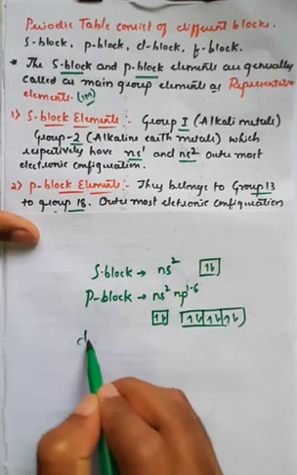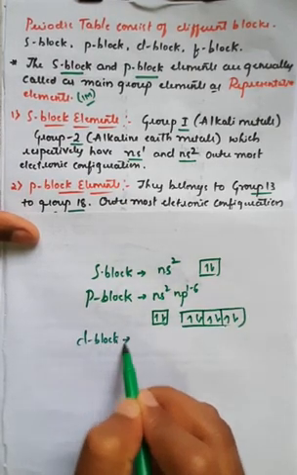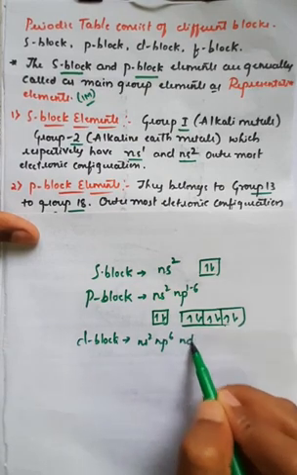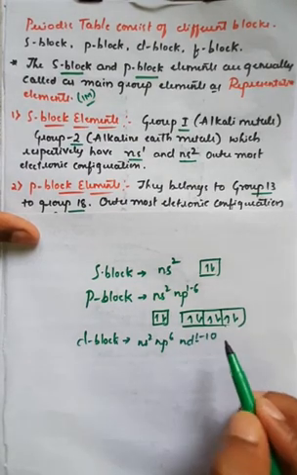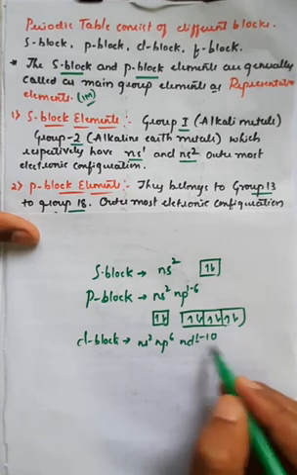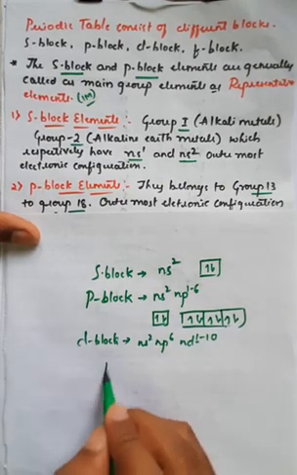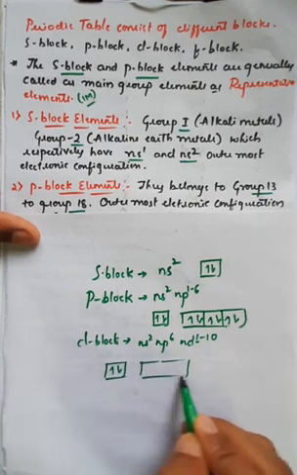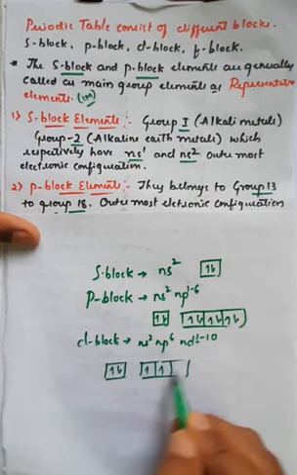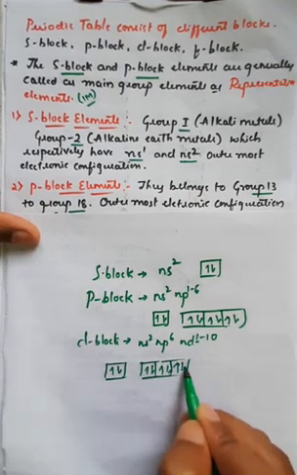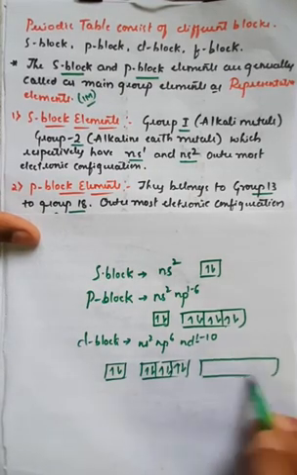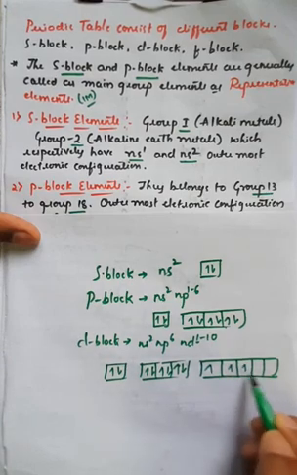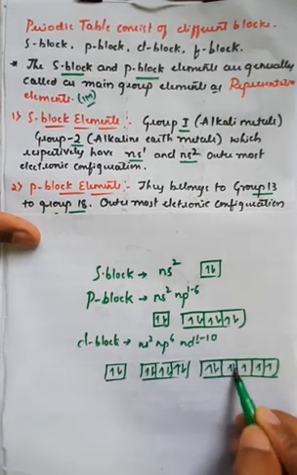Further, if you go for d block, we have to mention again ns2 np6, and it is n-1 d1 to 10, right? Because the minimum number of electrons in the d orbital is 1 and maximum 10. We have seen that there are 5 d orbitals, so s is completely filled and p is also completely filled, and with 5 d orbitals, maximum it can hold 10 electrons.